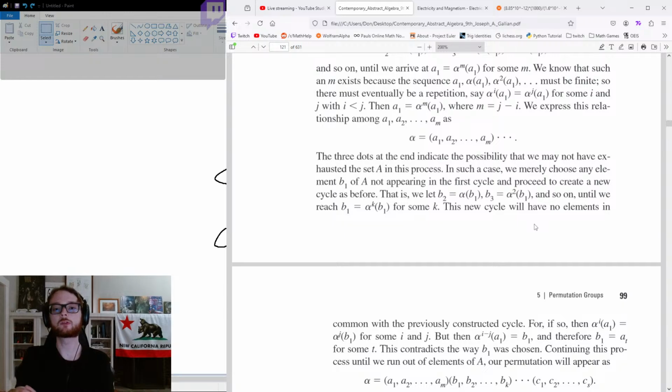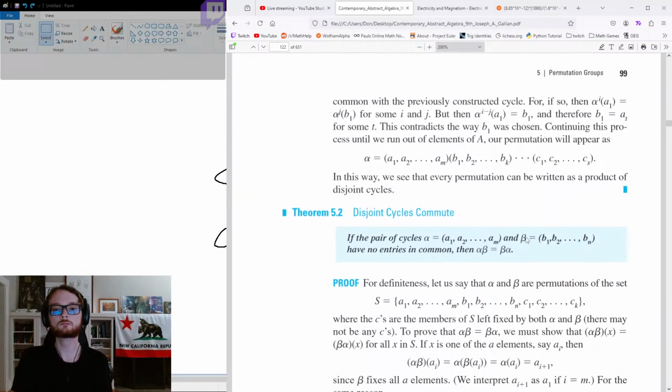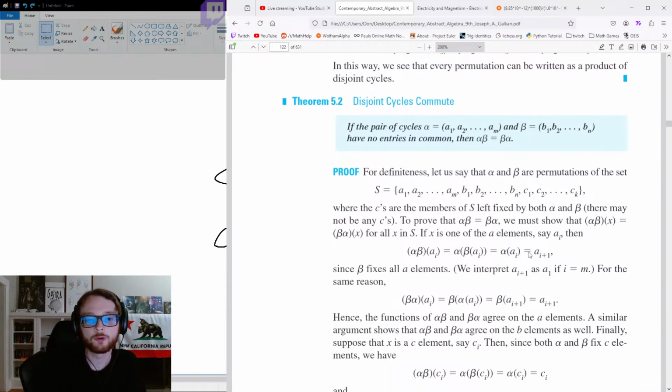A1 equals alpha to the N of A1, where N equals J minus I, sure. Really boring proof, but fair enough.